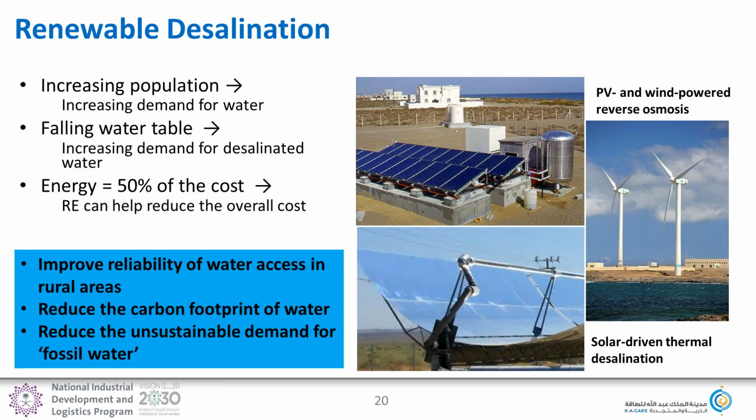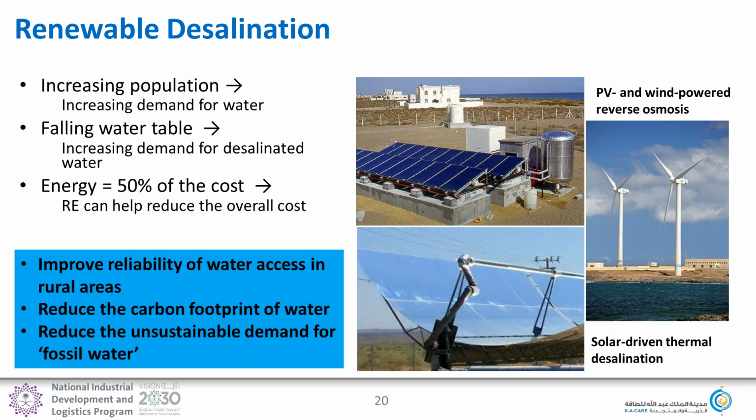Renewable desalination. Desalination, of course, is one of the largest energy demands in the kingdom. It is all fossil driven at the moment, and we believe that it's possible to insert renewables into this in a way that will greatly reduce fossil fuel consumption for water.